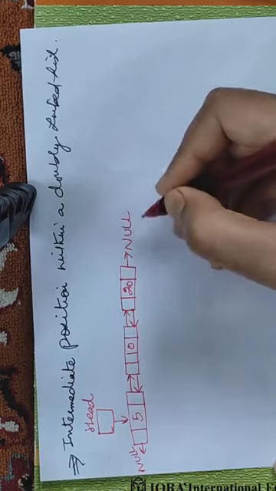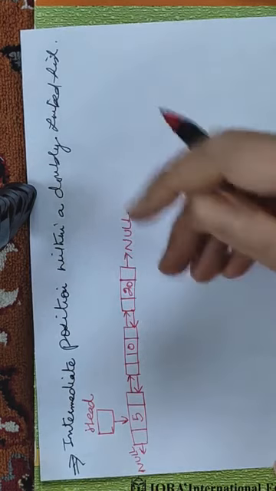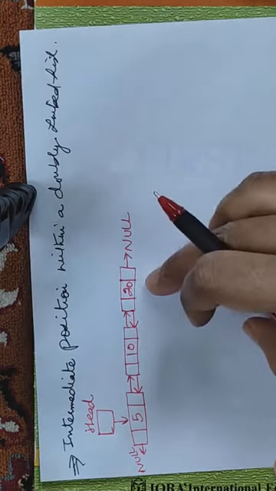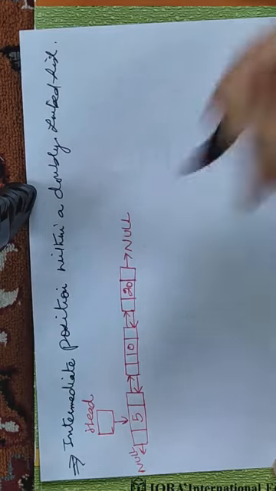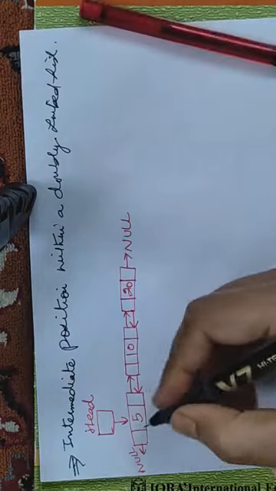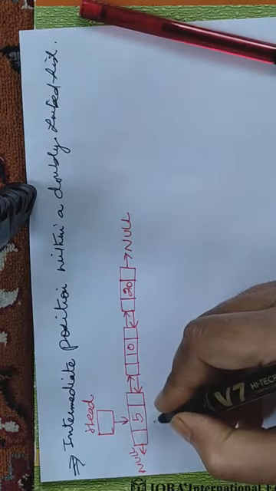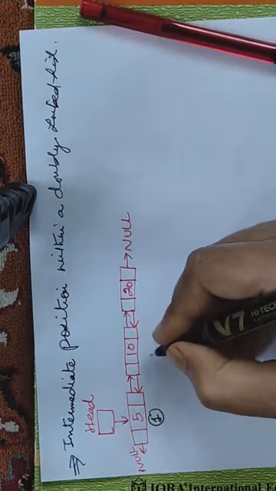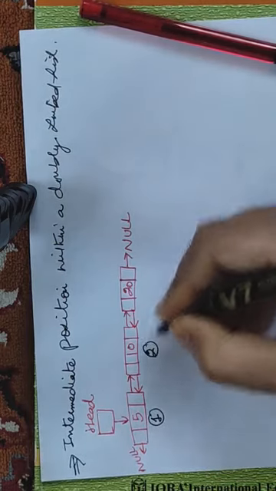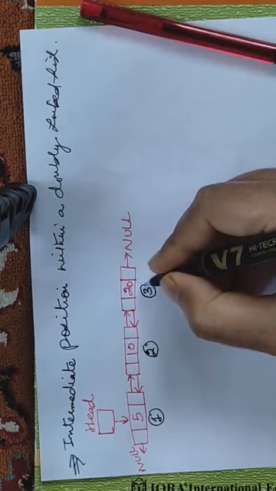That means it would indicate the end of the list. That means there is no node after this third node, right? Suppose for example this is node number 1, this is node number 2, and this is node number 3.